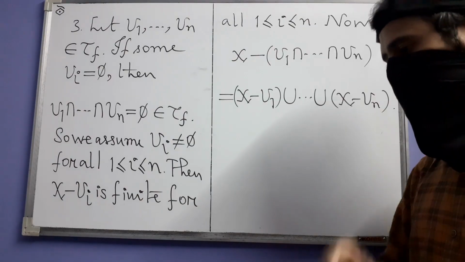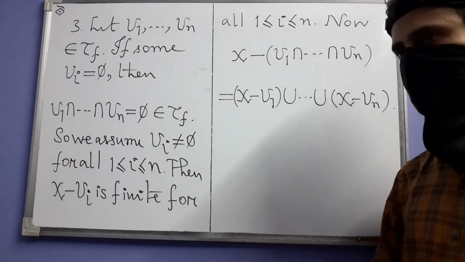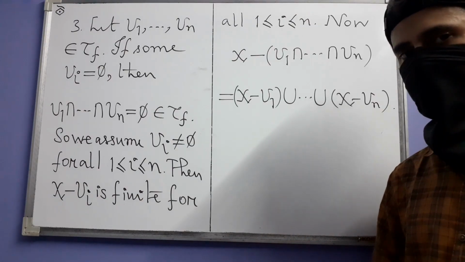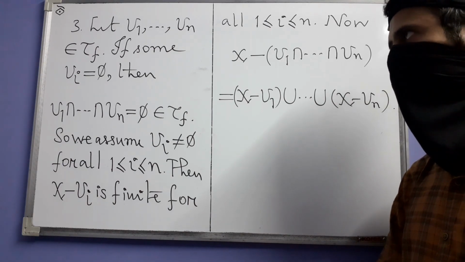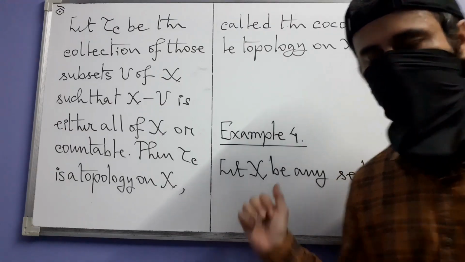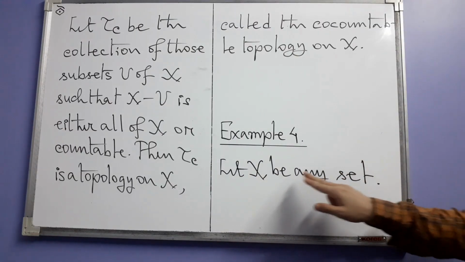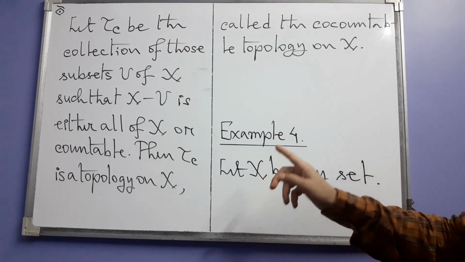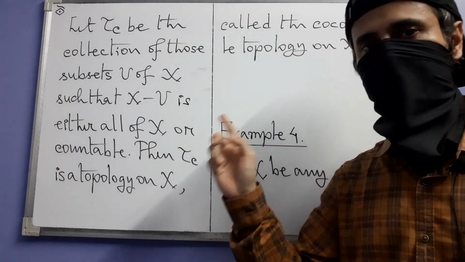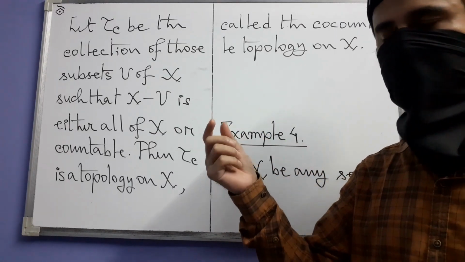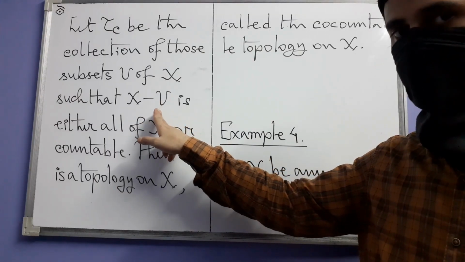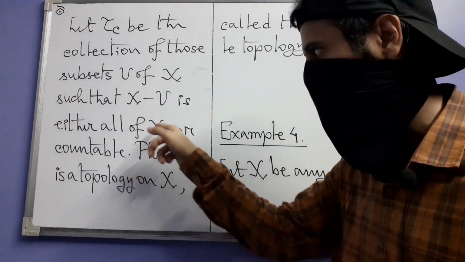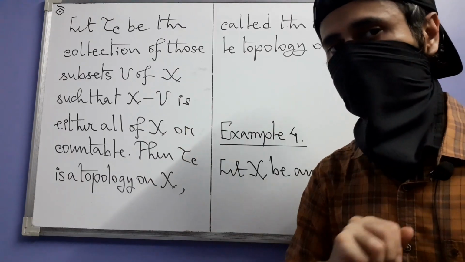And the next example is a similar one, but the condition is slightly different. So let us see that one next. In example 4, we again have any set X, and this time we are considering the collection tau C consisting of those subsets U of X such that the complement of U is either all of X or countable.